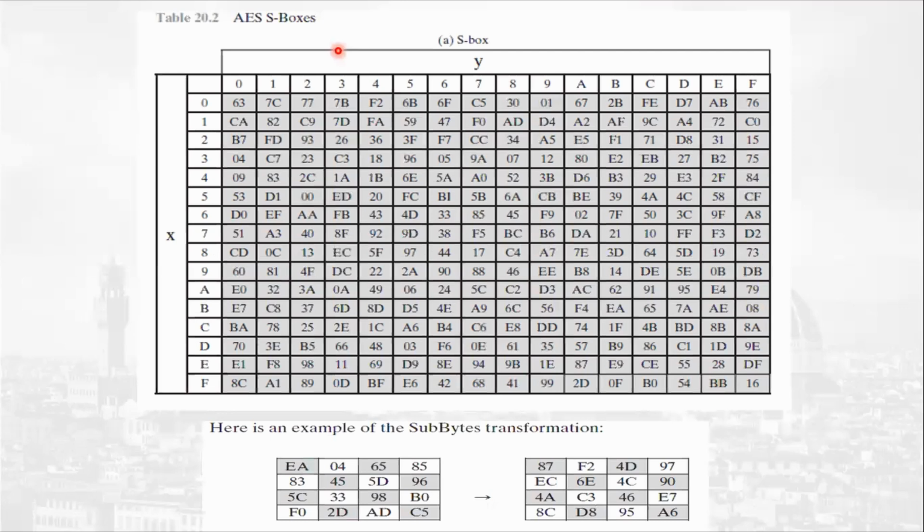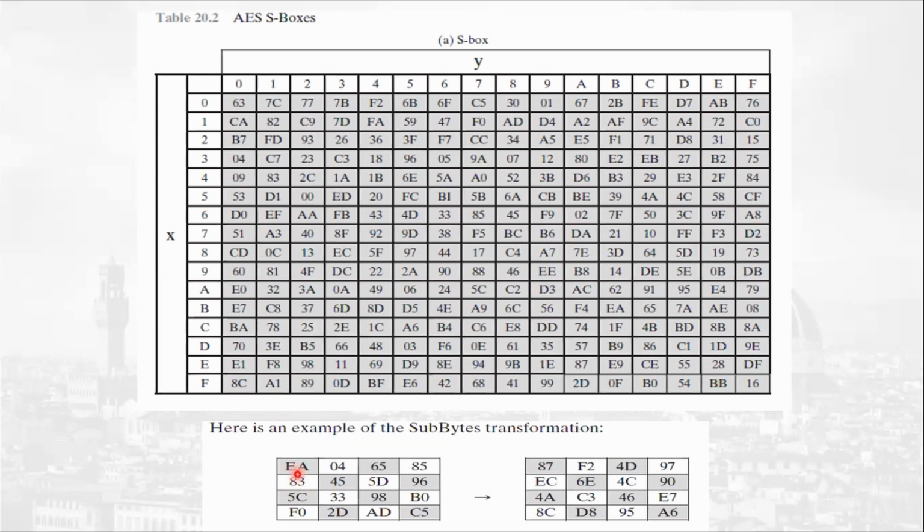Let us consider this is a plain text. What is the first location? EA. The maximum you can have is from 00 to FF, right? As this is hexadecimal data, all the columns and all the rows are here.